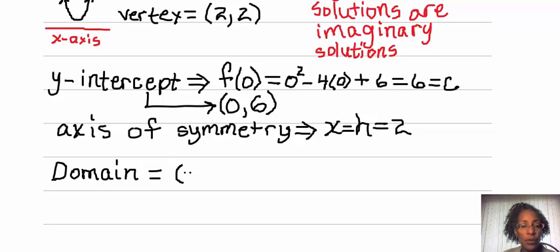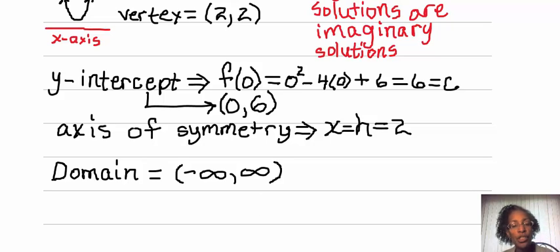So if we write that in interval notation, all x's that are real numbers can be given as input to this function and give us a meaningful result. So in interval notation, that's the interval where I can move indefinitely, anywhere indefinitely left or right on the number line. So we show that as negative infinity to infinity.